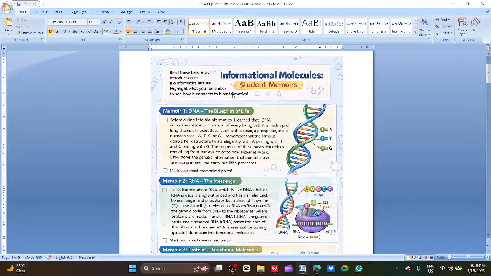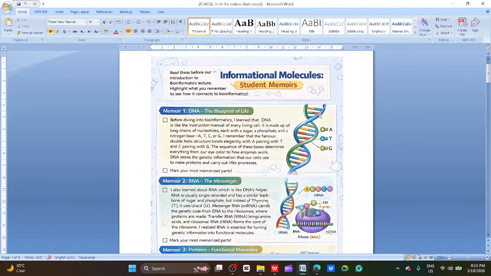Your elementary knowledge from cell biology. You must know the difference between eukaryotic and prokaryotic organisms. You have to know and learn about informational molecules, that is the DNA and RNA. DNA contains four nucleotide bases, which are adenine, thymine, cytosine, and guanine.